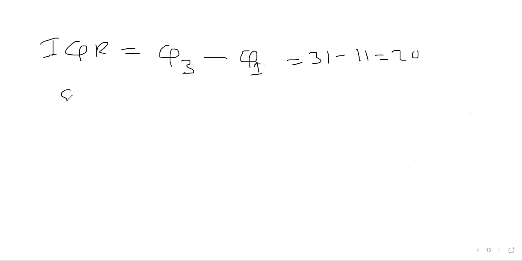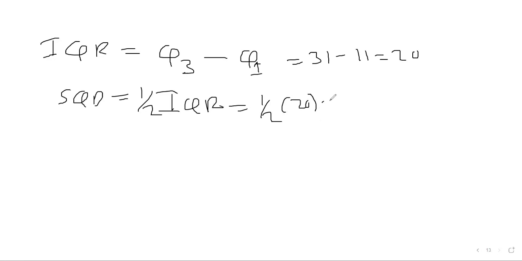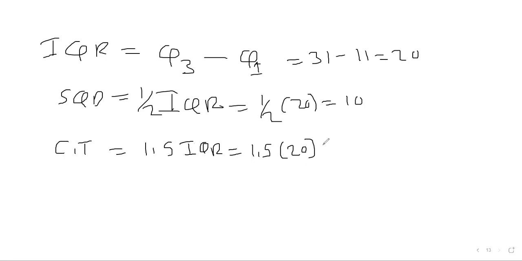Then the semi-quartile deviation is simply half of the interquartile range, so half of 20 is 10. Then the correction term is 1.5 times the interquartile range. So 1.5 times 20, we get 30.